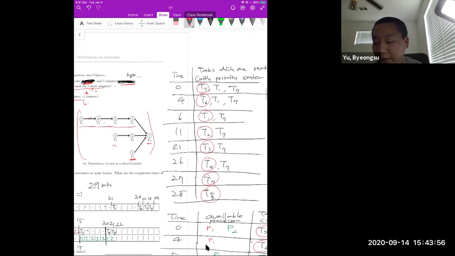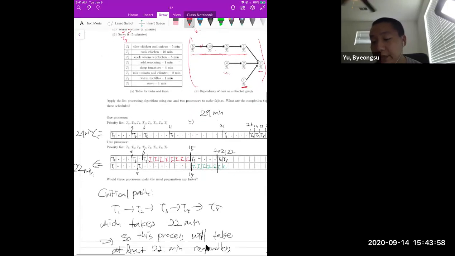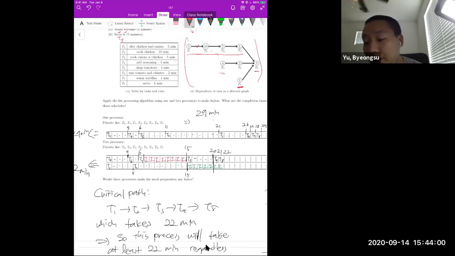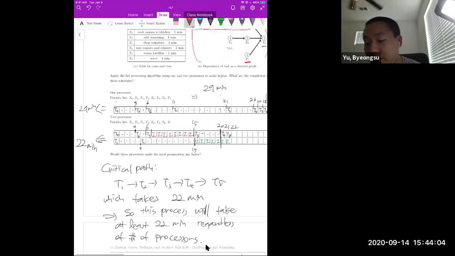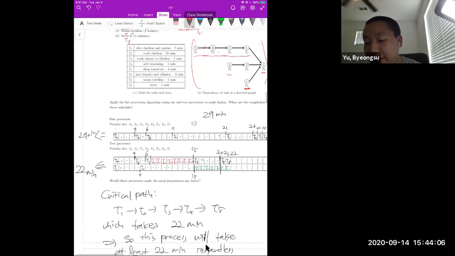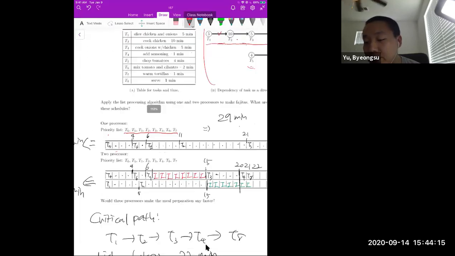Okay, then let's deal with how to schedule on processors. If you have a priority list and only one processor, all you need to do is use your priority list.